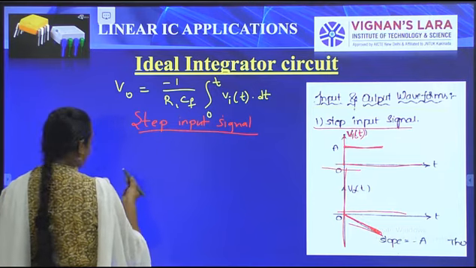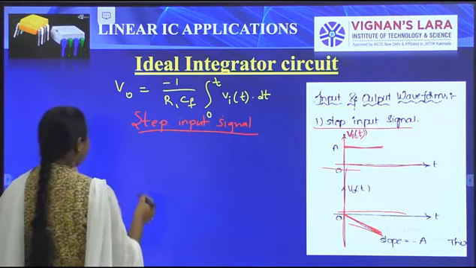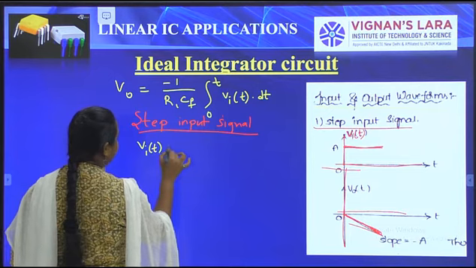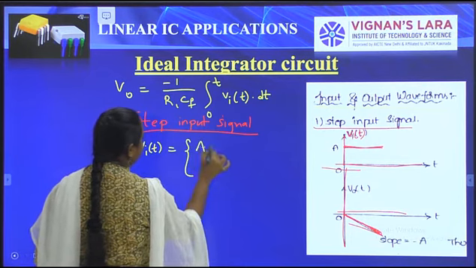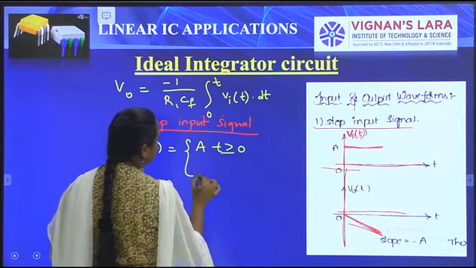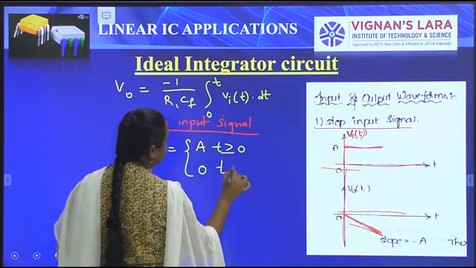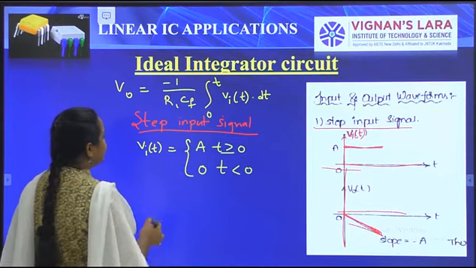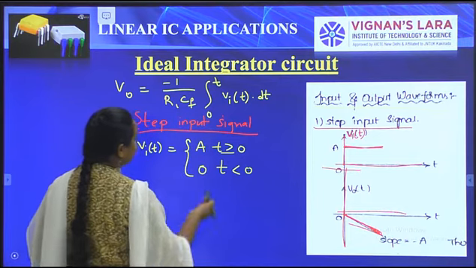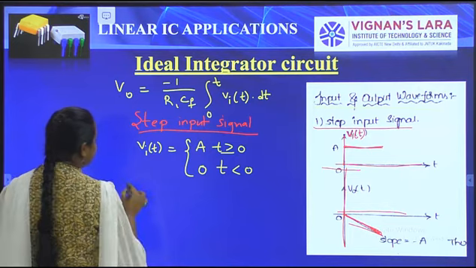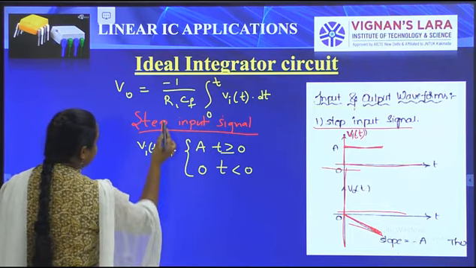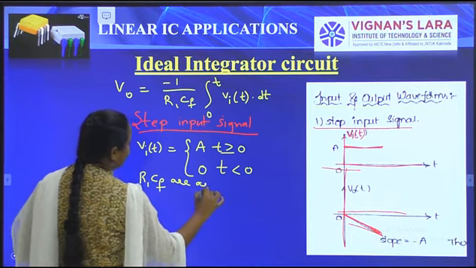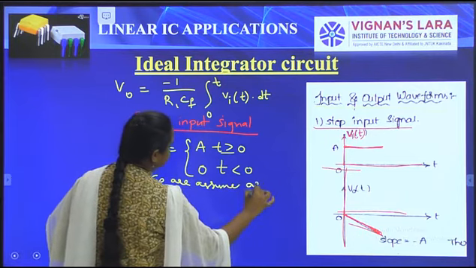Here we are given VA of t is equal to A at t greater than or equal to 0, and then we are giving 0 when t is less than 0. Then we are taking A, capital A, when t is greater than 0, and 0 when t is less than 0. Then the output becomes like this: minus 1 by R1 CF, where R1 and CF are assumed as constants.